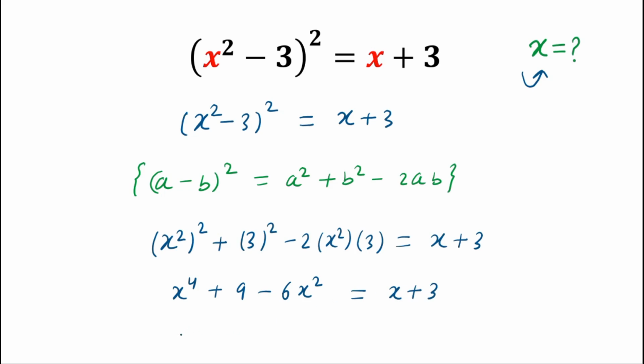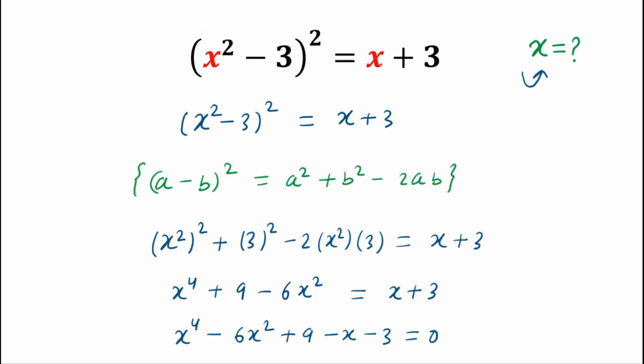Now if we take all the expressions to the same side, then x⁴ − 6x² + 9 − x − 3 is equal to 0. Now first we will write this expression on the next page.